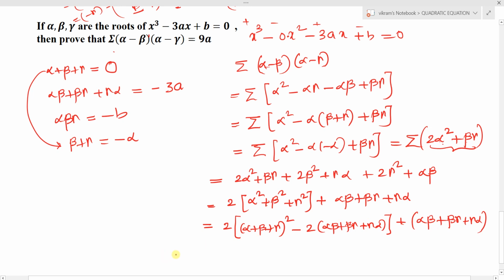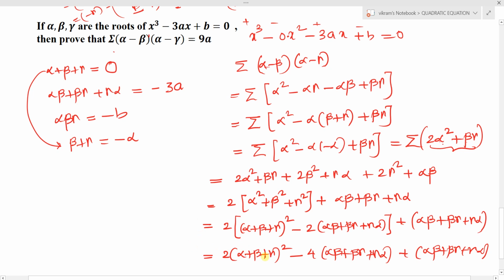Right. So now this can be simplified as 2 times alpha plus beta plus gamma whole square minus 4 into alpha beta plus beta gamma plus gamma alpha, plus alpha beta plus beta gamma plus gamma alpha.